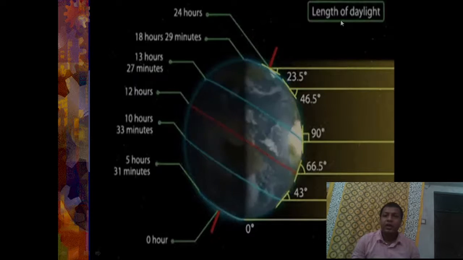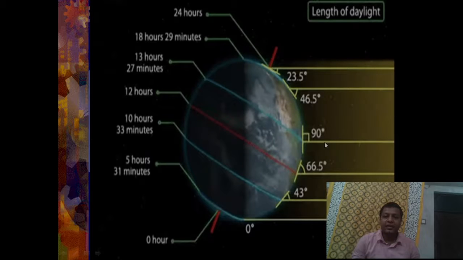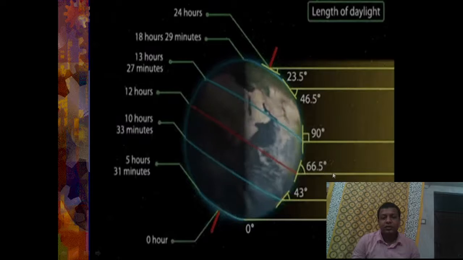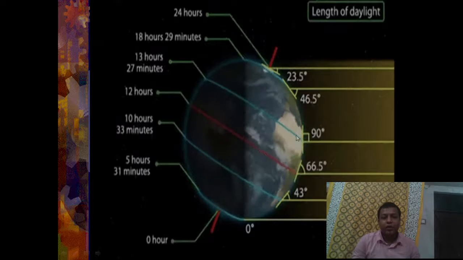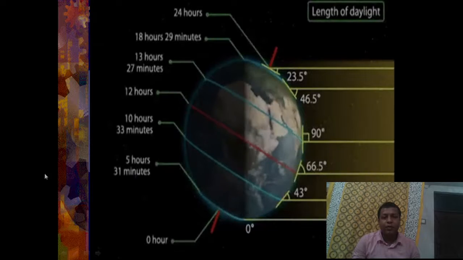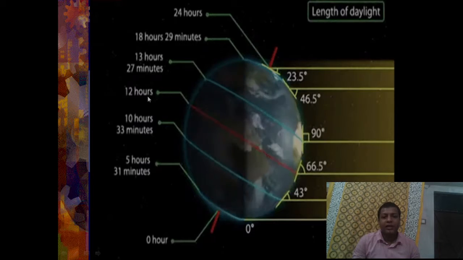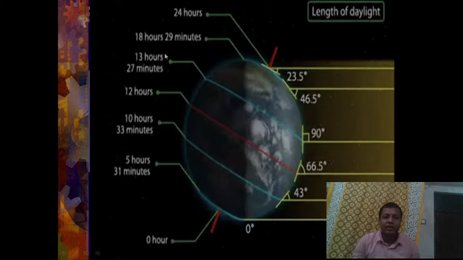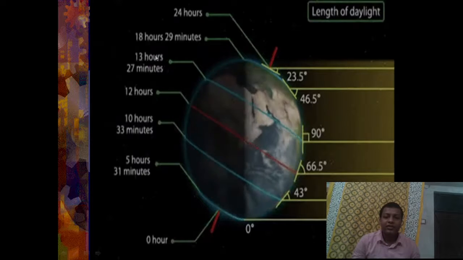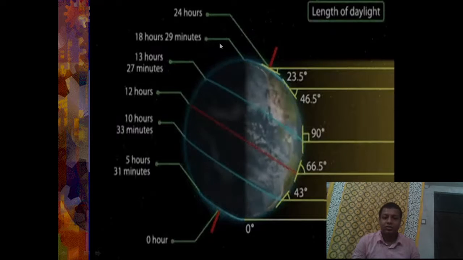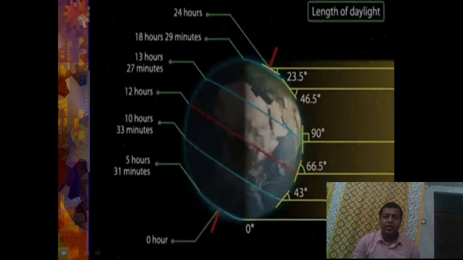This shows the variation of the length of day and night. In the northern hemisphere we have a 12-hour day and night at the equator, and after that the day length is greater than the duration of night, as you can see in this animated picture.